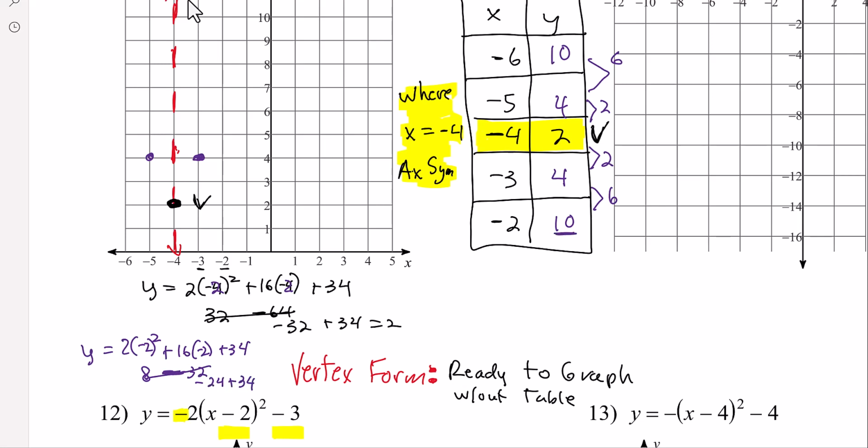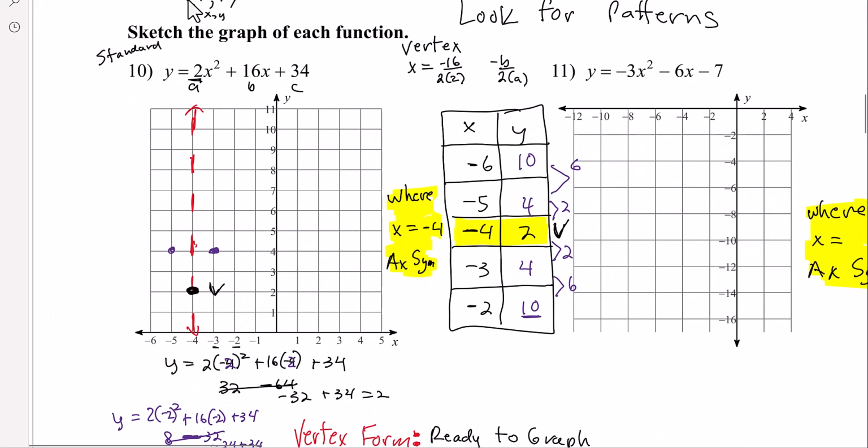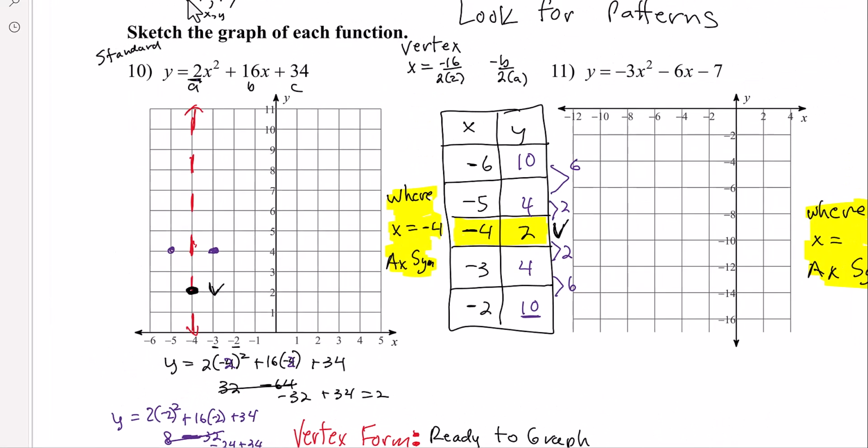Look at that. So without even doing the table, plugging it in, you can use a pattern like this. If you know we went up 2, then for the next one, we're going to go up 6. So we're going to go over 1 and then go up 6 more. 1, 2, 3, 4, 5. There we go.